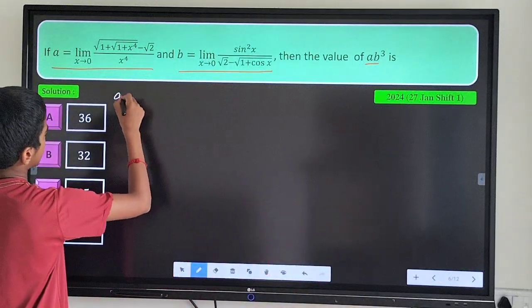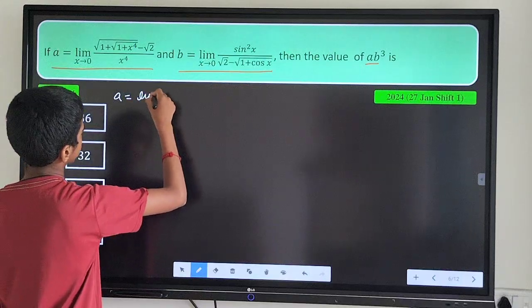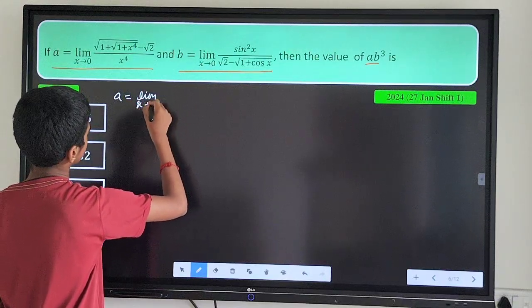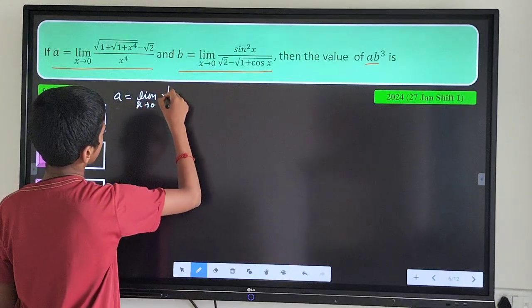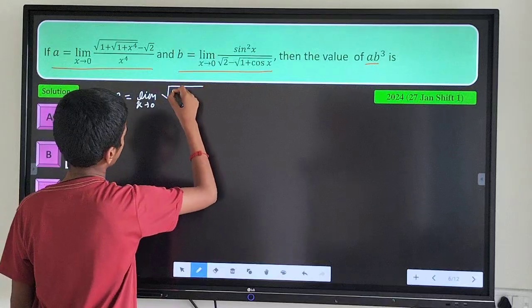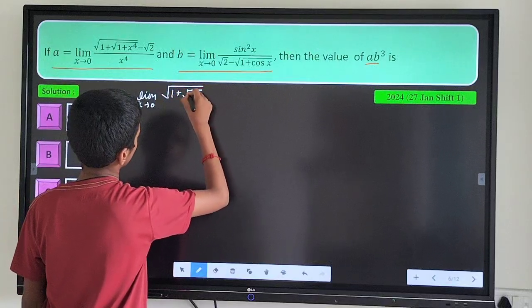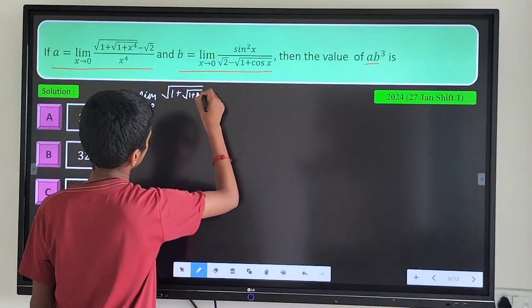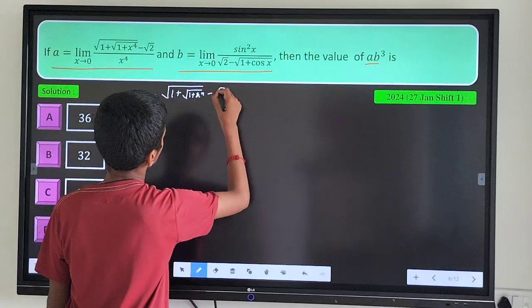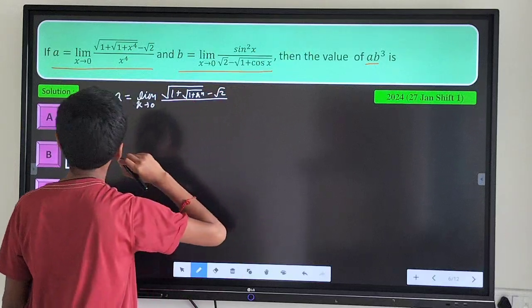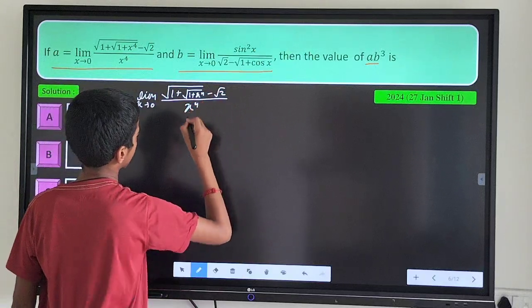So our A is equal to limit x tends to 0 of under root of 1 plus under root of 1 plus x4 minus root 2 upon x raised to power 4.